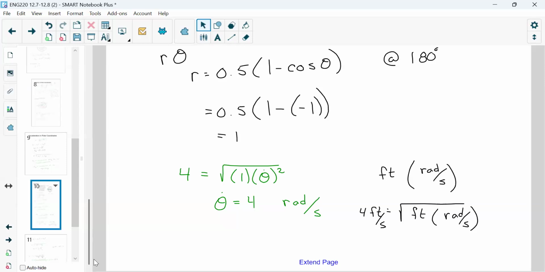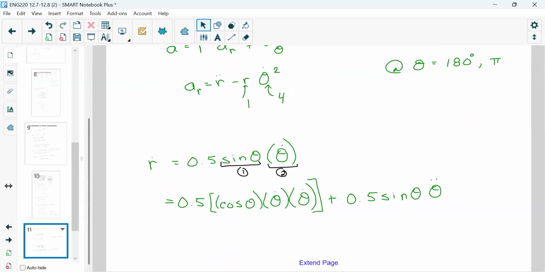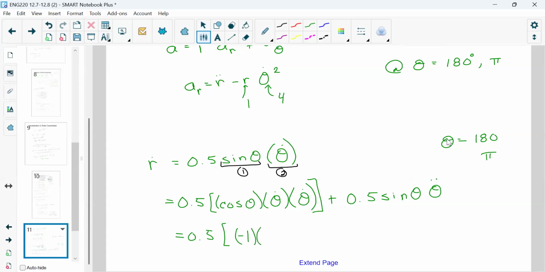Okay, so let's go back to where we were here. We know this is all going on when theta equals 180 or pi. So cosine of that is gonna be -1 times theta dot at this instant in time.